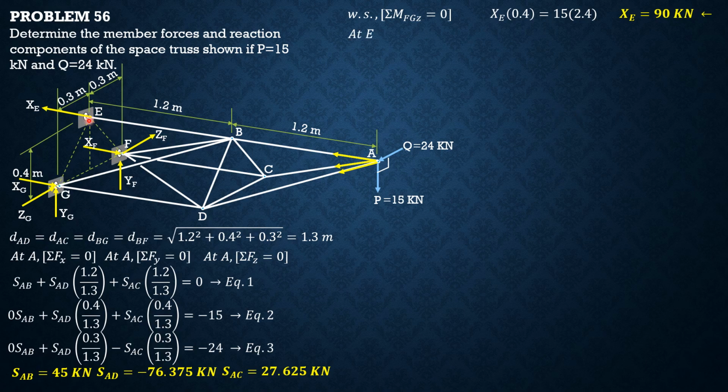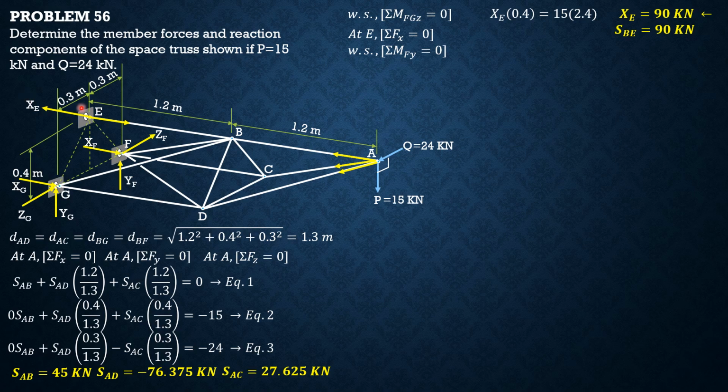Then at E, summation forces X equals 0. Let's call this SBE. So SBE rightward equals 90. So SBE is 90 kilonewtons tension. Then whole system summation moment about Fy equals 0 to solve for this reaction Xg. So by right thumb rule, Xg is positive.